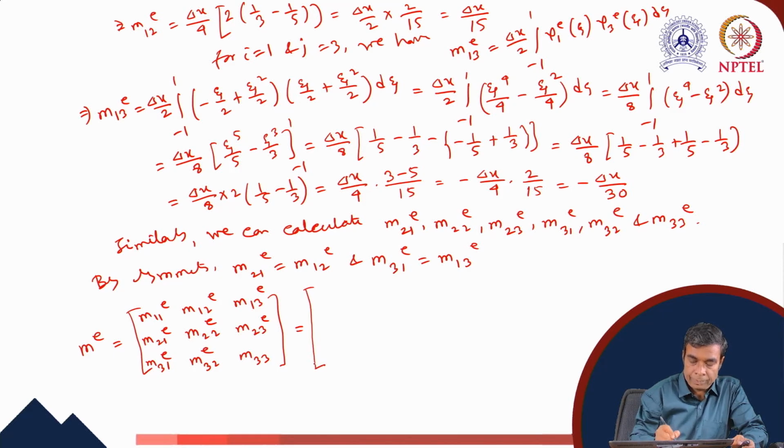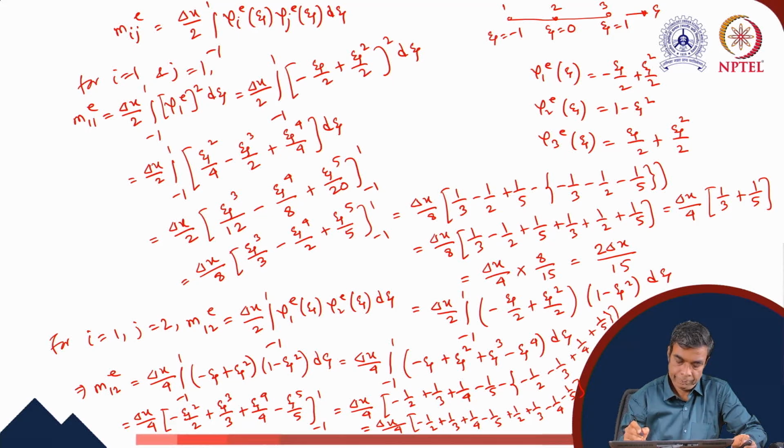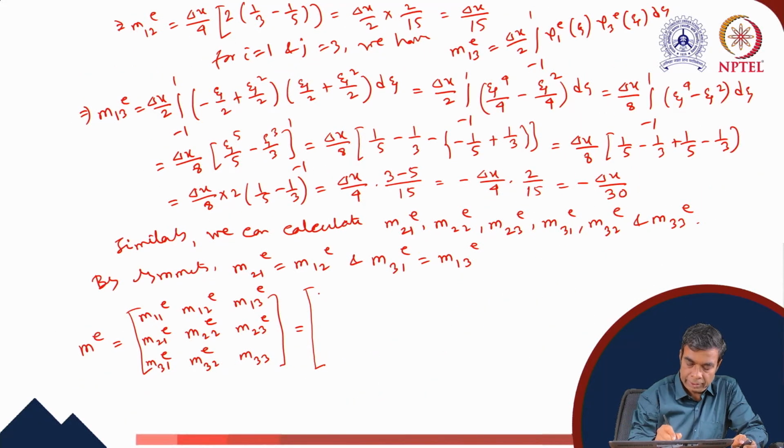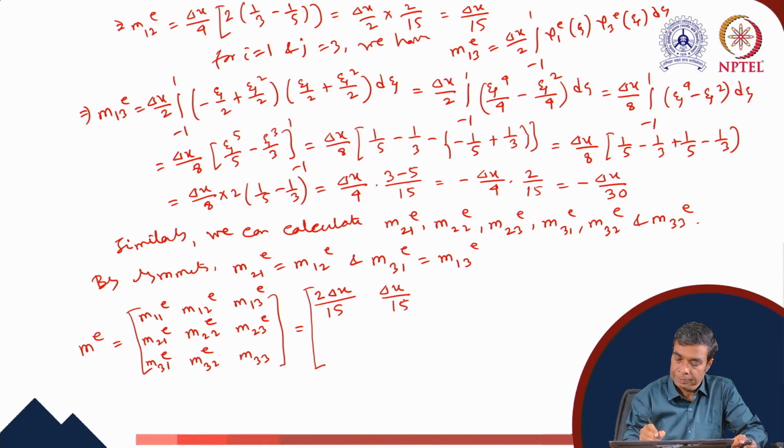Our M11E, this was 2 delta x by 15. So this is 2 delta x by 15. Our M12E, this was delta x by 15, and our last term was minus delta x by 30.